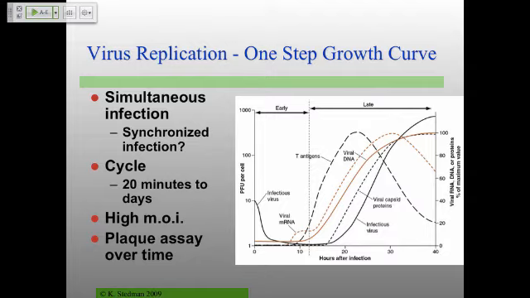And so basically by taking the mean of that, it gives you an idea how each individual virus is going through its replication cycle. So you have to have as synchronized infection as you possibly can, which means you're using a very high MOI, high multiplicity of infection, and just statistically that means you'll have at least one genome that gets into all of the hosts that you're looking at.